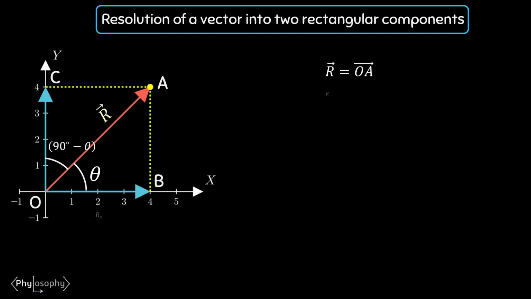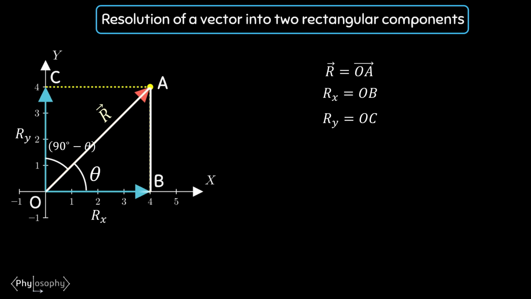The length OB is the projection of the vector r on the x-axis. Similarly, OC is the projection of the vector r on the y-axis, and they are represented by Rx and Ry. That is, Rx and Ry are the magnitudes of the vector r along x and y axis respectively.